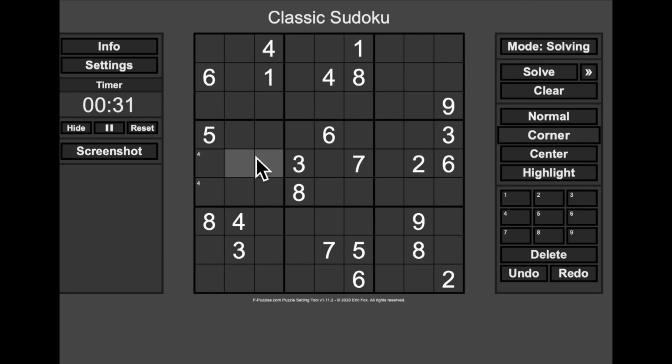Let's see. Things with 4 digits in it that are placed. I may as well try that next. So 1, 2, 5, 8, 9.